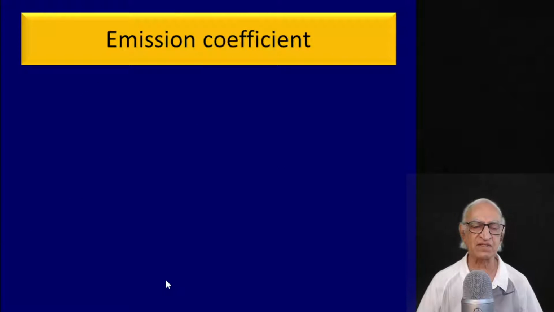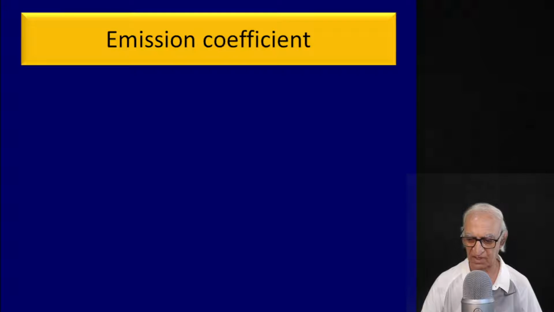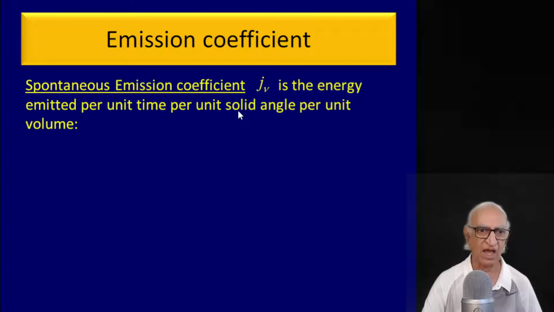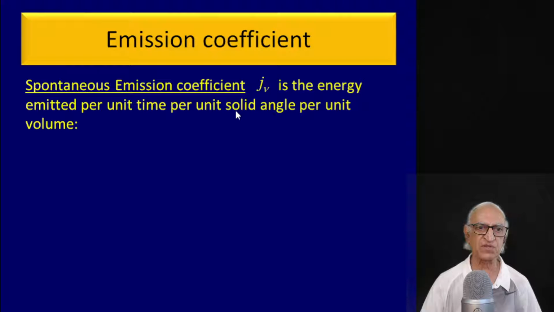Now let us define the emission coefficient of a medium. The emission coefficient is usually denoted by J nu. The spontaneous emission coefficient J nu is the energy emitted per unit time, per unit solid angle, per unit volume of the substance.